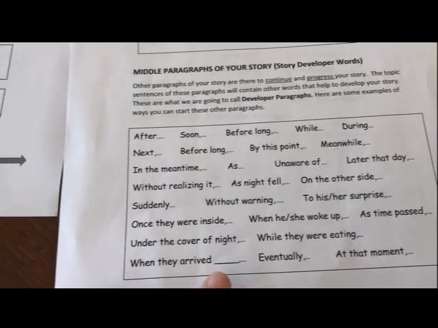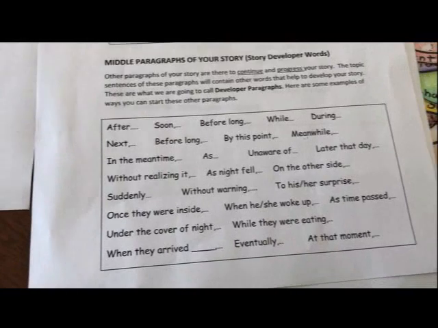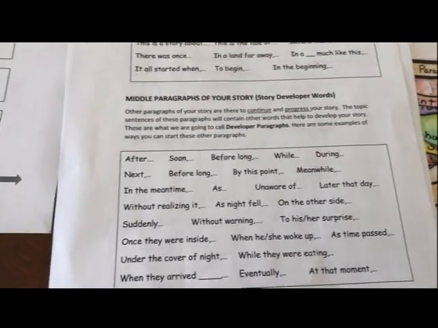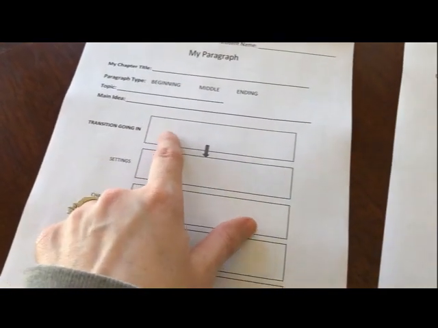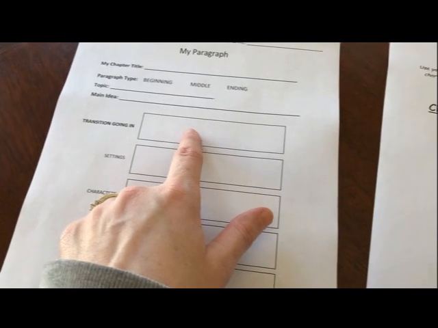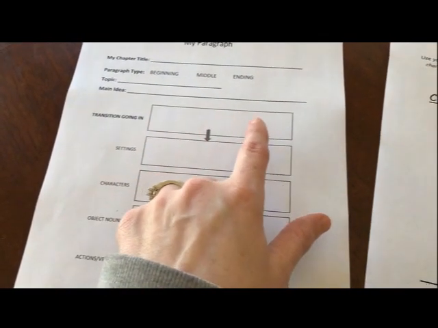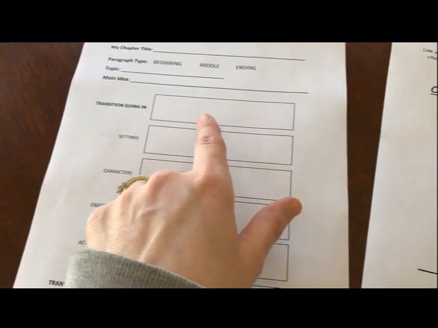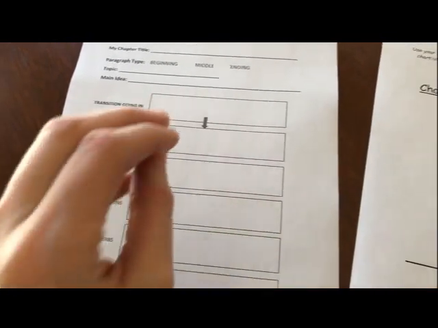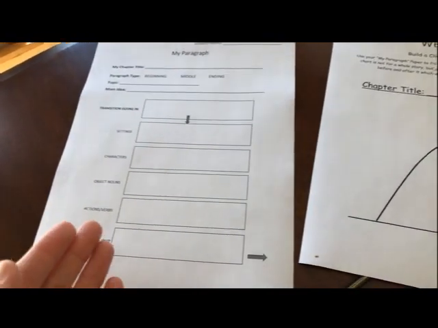So when they arrived at the treehouse, they did this and this to get ready to battle the monster. Any of those things are good for a middle one. So if you're doing a middle paragraph or a developer paragraph, right here you're going to write something like what we just said. When they arrived back at the treehouse, they started planning how they could defeat the monster. That would be a good one to go at the beginning of your chapter, or your paragraph.